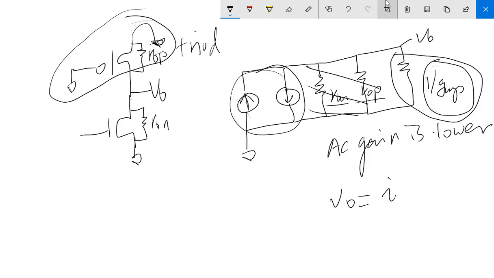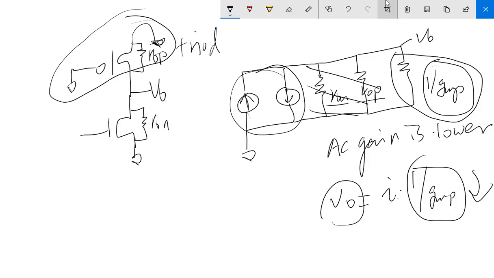It's going to be I times 1 over gmP. And because this is small, right? That's why the overall Vo will be smaller. However, if you have this one in saturation as well, right? The small signal model looks like this.